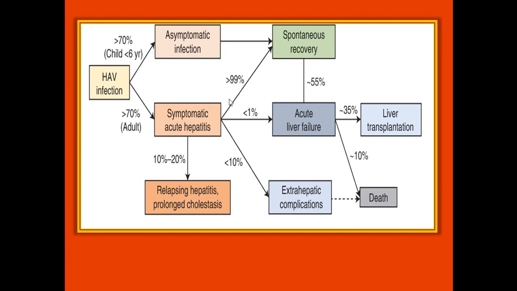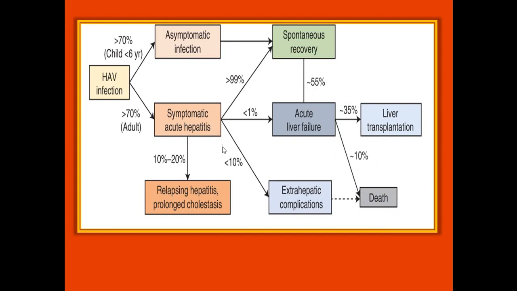And in 99% of them there will be spontaneous recovery, and in less than 1% there will be acute liver failure. And the acute liver failure may end with spontaneous recovery in about 55%, or in about 35% it needs liver transplantation, or it may lead to death in about 10% if nothing interferes.